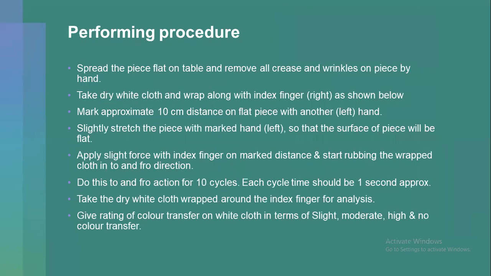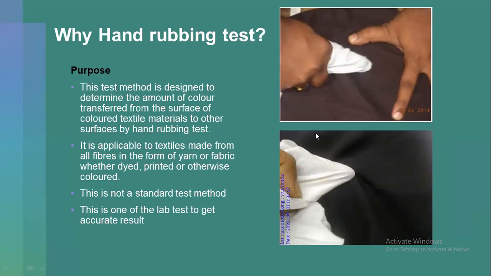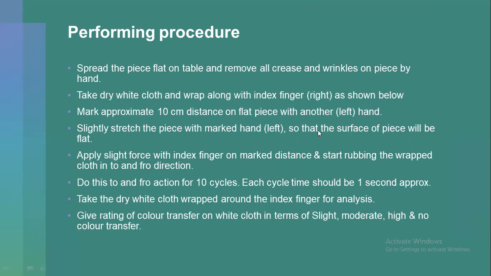We have to spread the piece flat on the table without creases or wrinkles. Take a white cloth and wrap it along the index finger, as shown in this image. Then keep approximately a 10 centimeter distance and slightly stretch the piece at the marked area so that the surface will be flat.